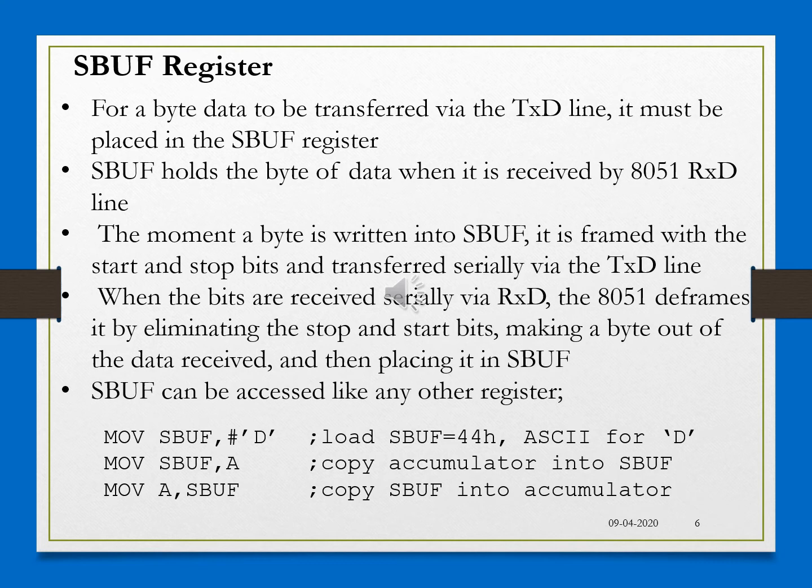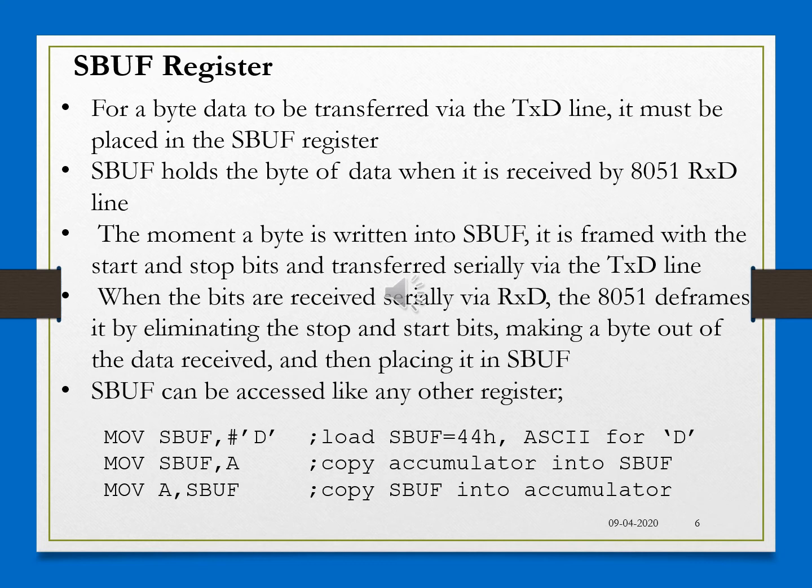At the same time, when you are receiving serially, you will be getting start and stop bits along with your 8-bit data. Remember data framing: the data will be serially coming in, starting from the start bit, followed by 8-bit data and one stop bit.